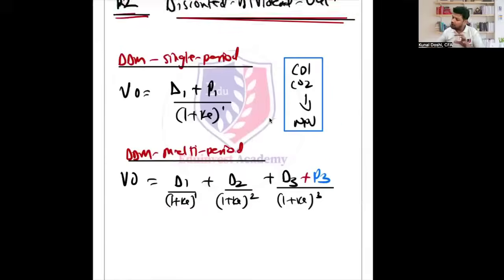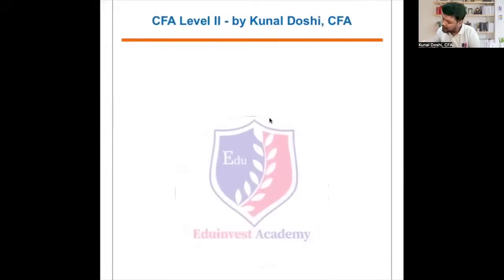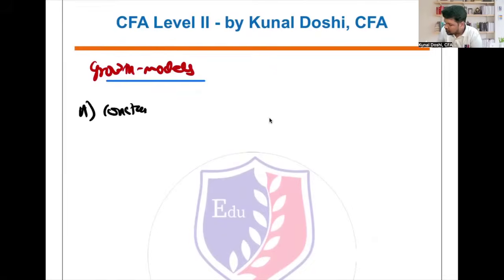So now we are going to move on to the different growth models, from the basic dividend discount models to growth models. In the growth models, the first one that I'm going to focus on is the constant growth model, also called Gordon's constant growth model.